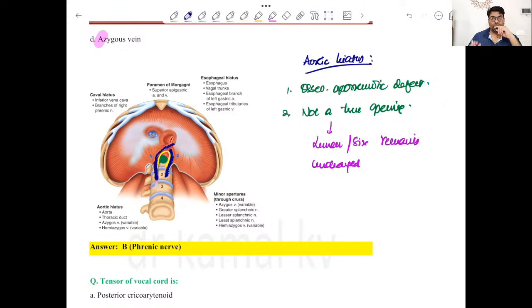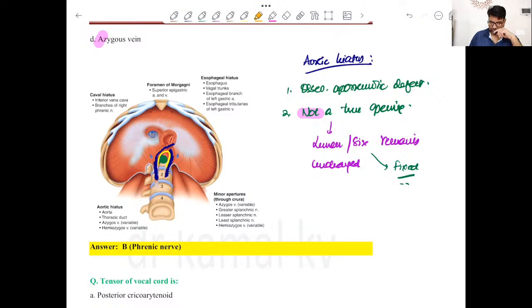So to make sure that the blood supply going to the abdomen or the lower limb is not influenced whether the diaphragm is contracting or relaxing, it passes through an opening which is not a true opening. It means the lumen size is fixed, because we know the diaphragm is a muscle, so it contracts and relaxes. In other openings the size might vary, but not for this, right?